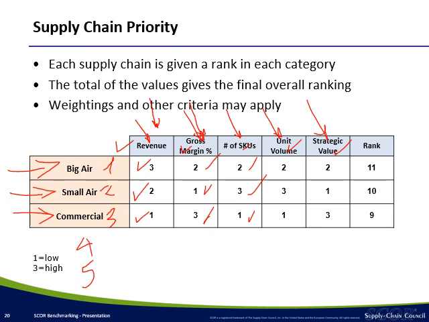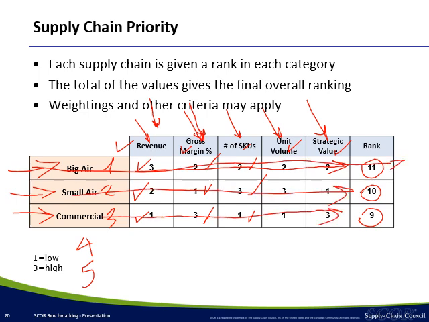And then you add all these values. So 2, 2, 2, 2 plus 3. Then the total is 8 plus 3. So this is 11. This is 10. This is 9. In other words, this is the most important supply chain for us. This is number 2, this is number 3, and if we have others, we order them.